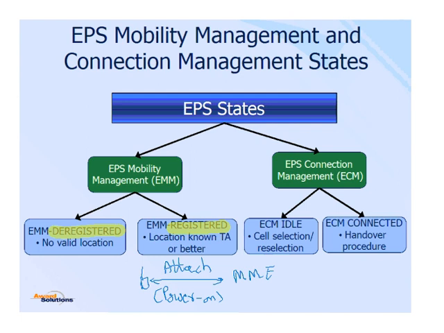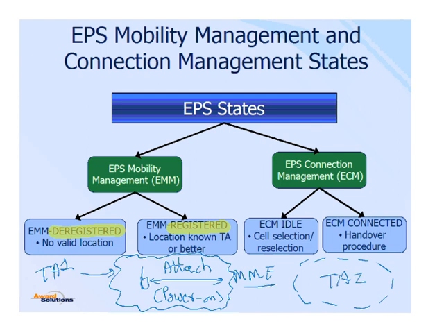So maybe this specific geographical area is tracking area 1, then we have another geographical area here, tracking area 2. And maybe this MME is taking care of both the tracking areas.